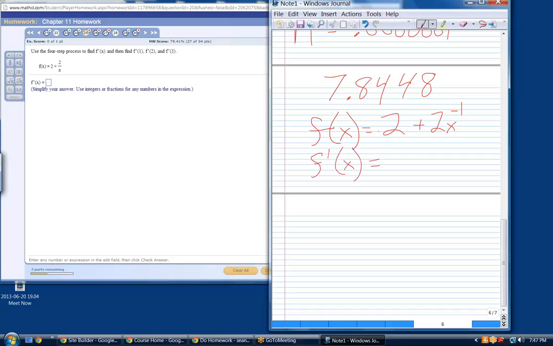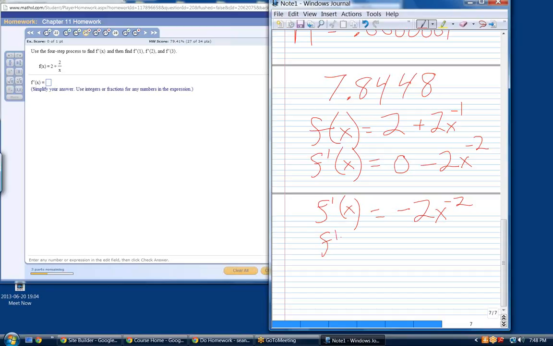All constants go to 0, so it's just negative 2, and then we subtract 1 from the exponent. Notice that when you subtract 1 from a negative 1, you get negative 2. So there's the first derivative.